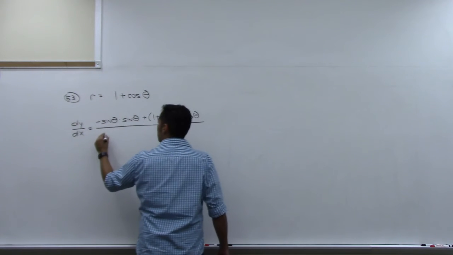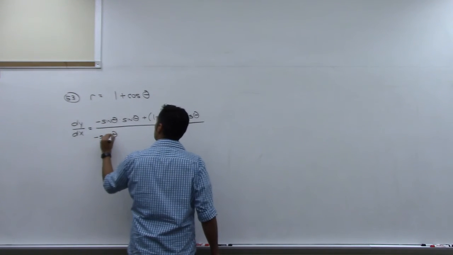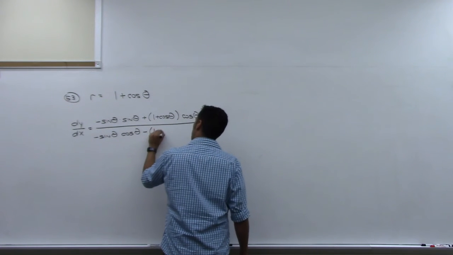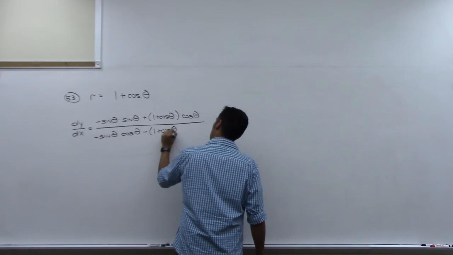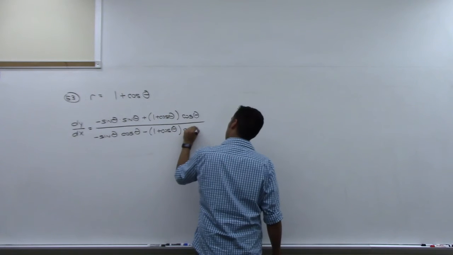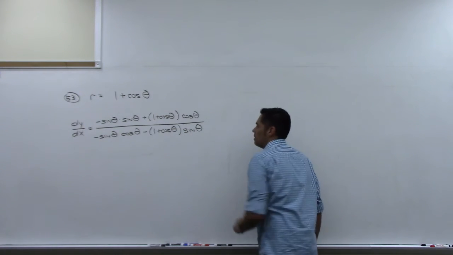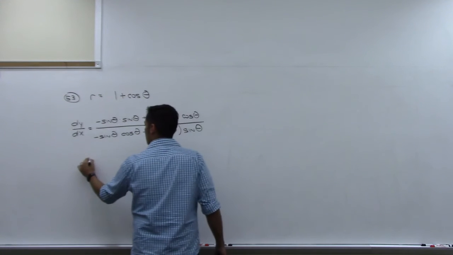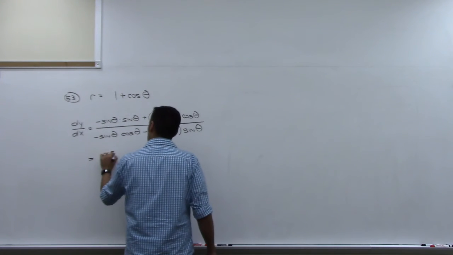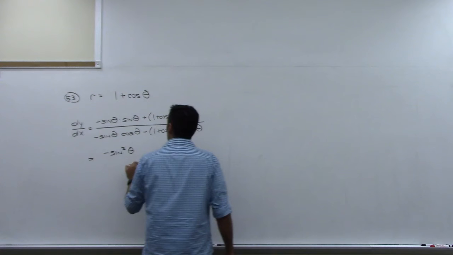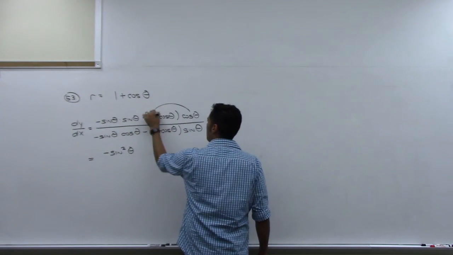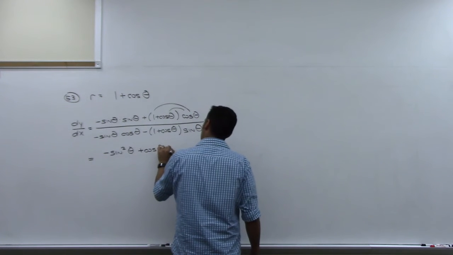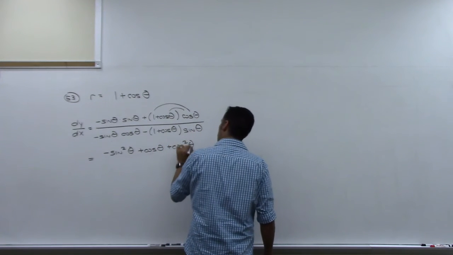And then the derivative again, negative sine theta, and then cosine theta minus r, 1 plus cosine theta times sine theta. And I'll do a little cleaning up here. This is negative sine squared theta on top. And then here, when I distribute, I should get plus cosine theta plus cosine squared theta.